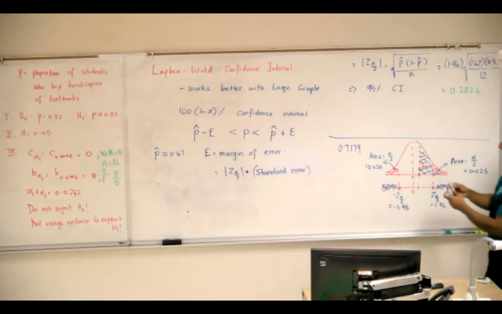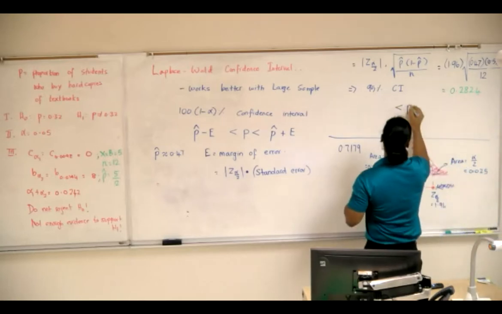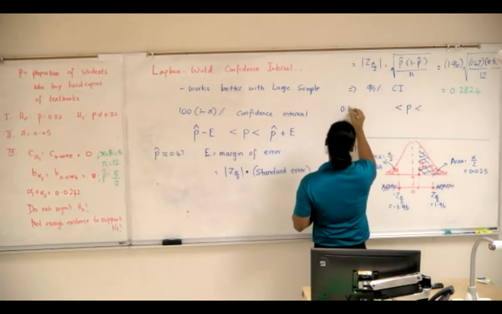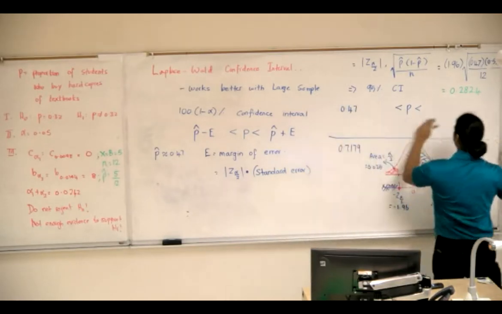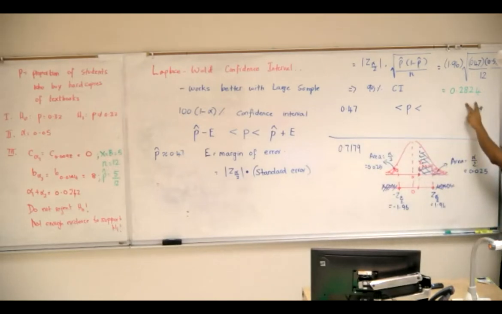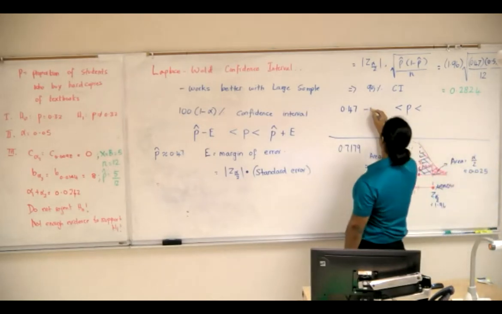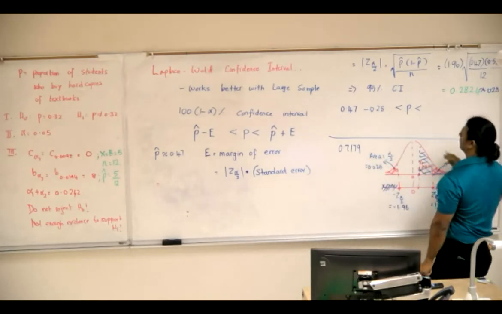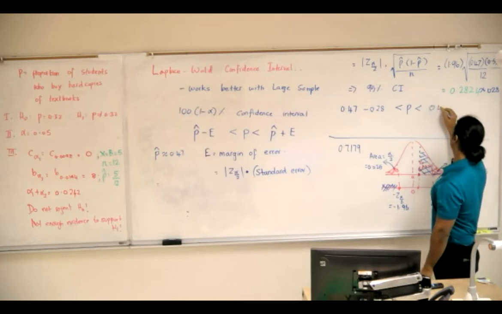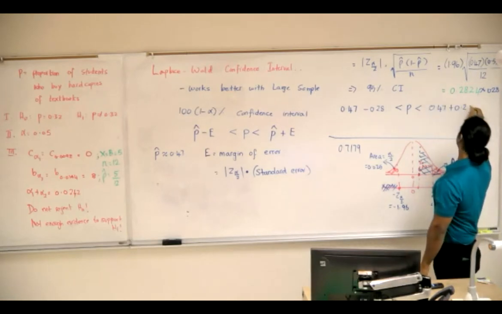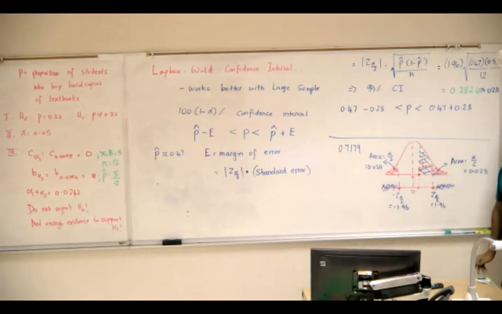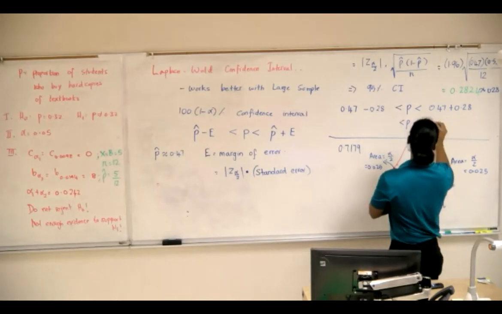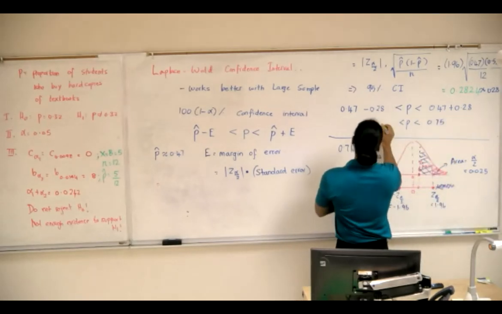So the confidence interval for p is between p hat, 0.47, and let's put 2 decimals, round this to 0.28. On the other side, it is 0.47 plus 0.28. And this would be 0.75, and that would be 0.19.